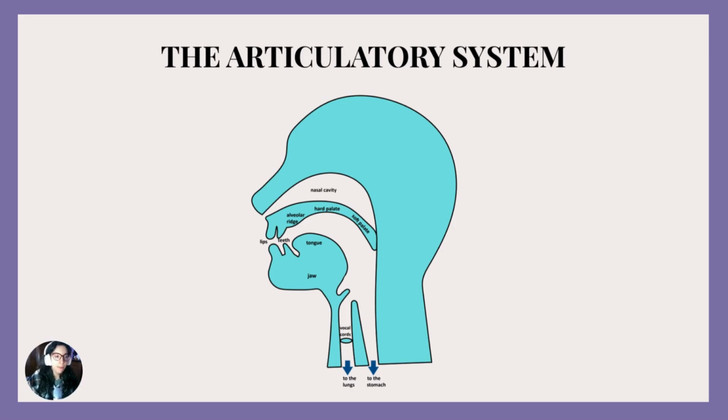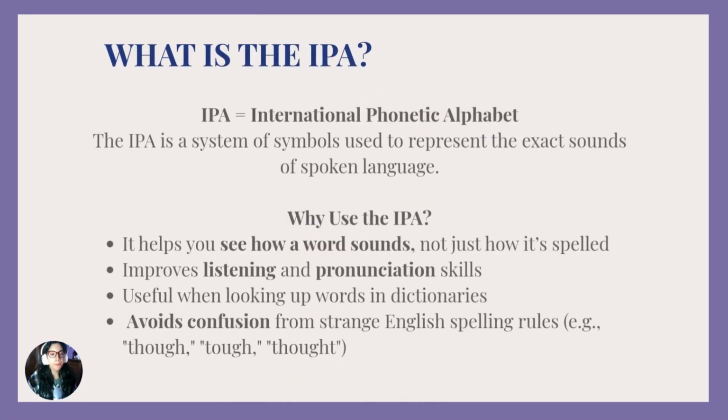We have our lips, the teeth, the tongue, the nasal cavity, and then the alveolar ridge, which is right behind your teeth. And then we have the soft palate and the hard palate, because the tongue moves: it goes up, backward, and forward.